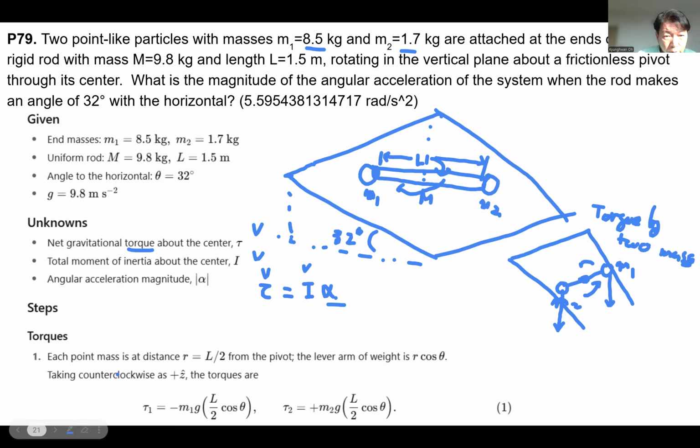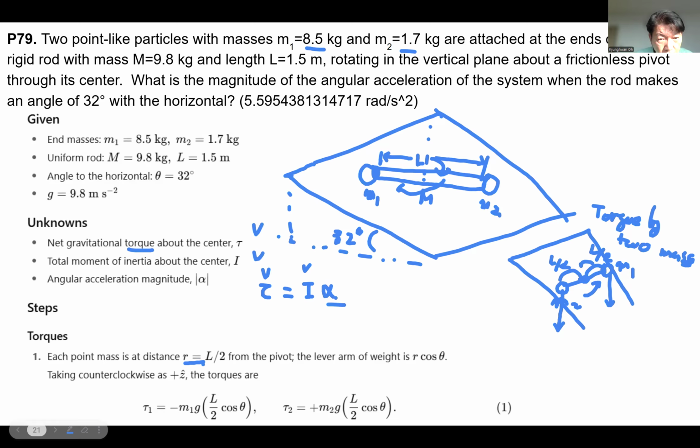Each point mass is at a distance r, which is L over 2, and the lever arm of the weight is r cosine theta. So the distance is given by this one.